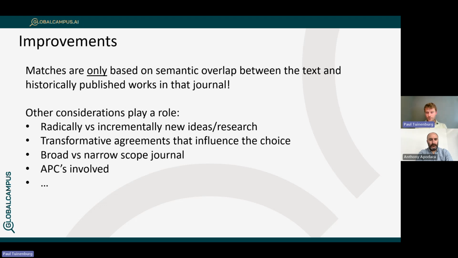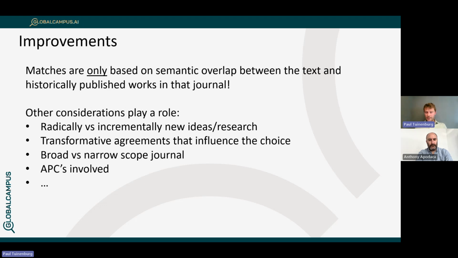There are all sorts of things that could also play a role, whether you want to focus your journal on radically new ideas or incrementally new ideas. Maybe there are transformative agreements between your institution or even your country and the publisher, how broad or narrow the scope of the journal is, the APCs involved.